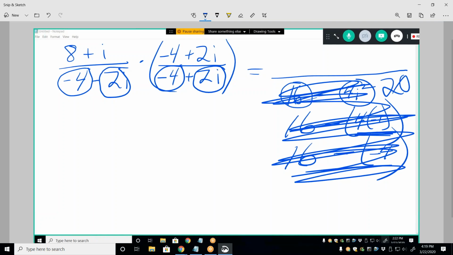Now we need the numerator. And to do the numerator, you just have to FOIL those top two terms and then simplify. So do it. FOIL it.